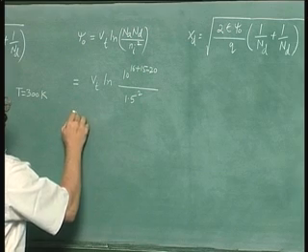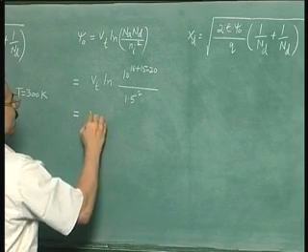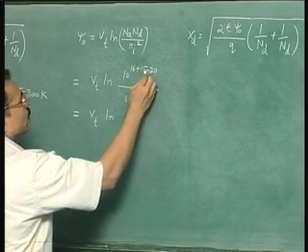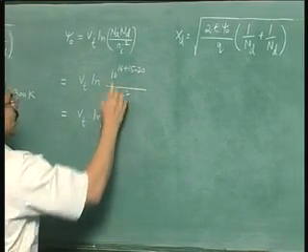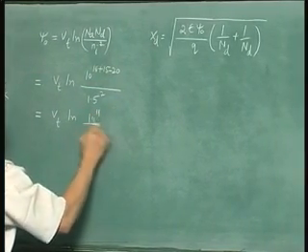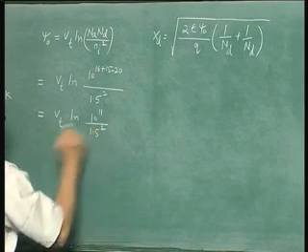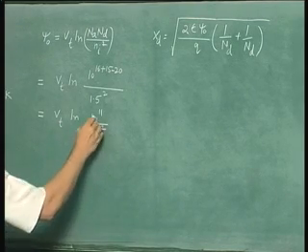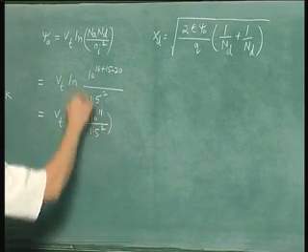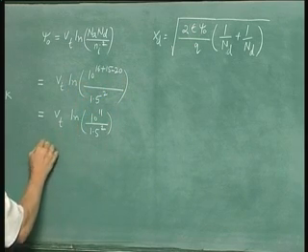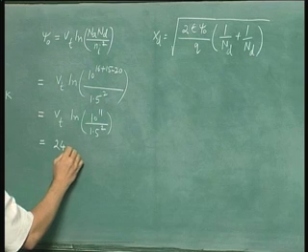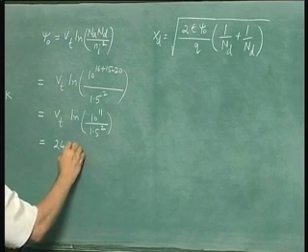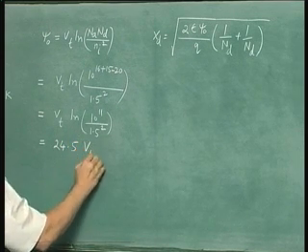So this is equal to Vt ln 15 minus 20 minus 5 plus 16, 11. So 10 power 11 by 1.5 square. So if you take this log, you will get the result as 24.5 times Vt.